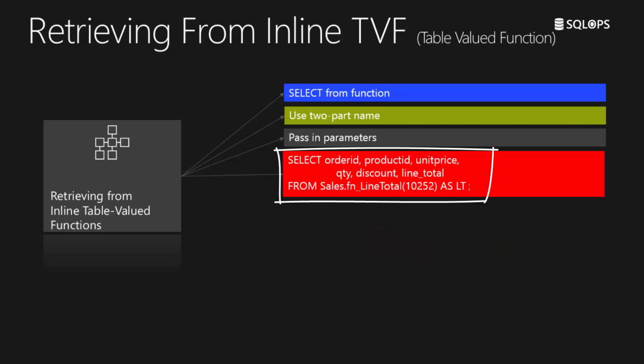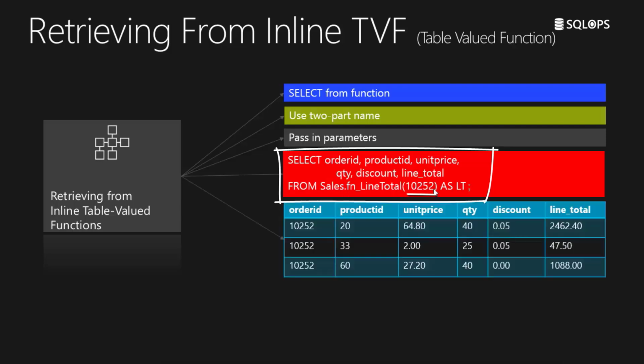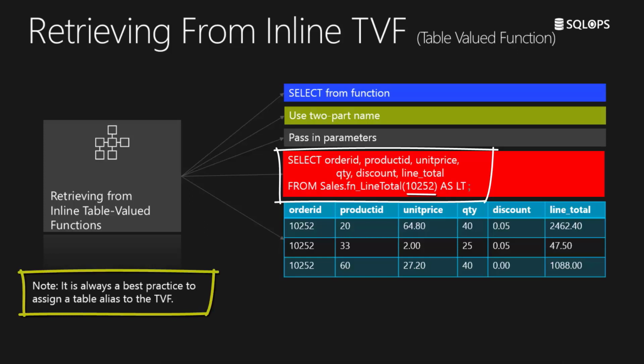For example, this query uses the inline table-valued function, takes 10252 as the order ID, and returns order ID, product ID, unit price, quantity, discount, and line total information for the order ID matching 10252. You can also notice that an alias is being used for the inline table-valued function. It is always a best practice to assign a table alias to the table-valued function.